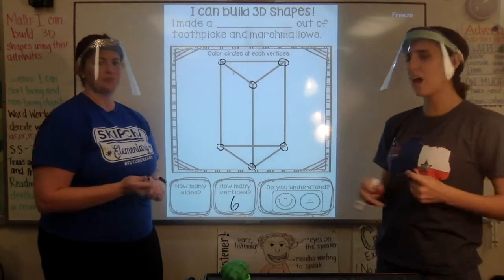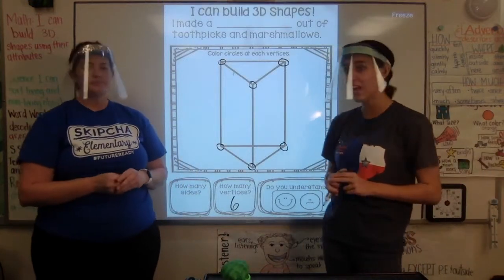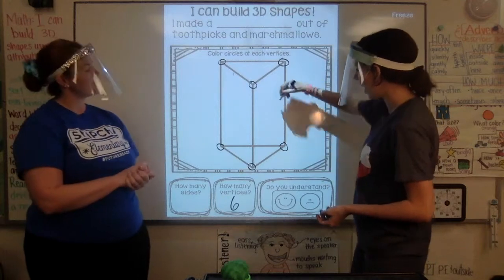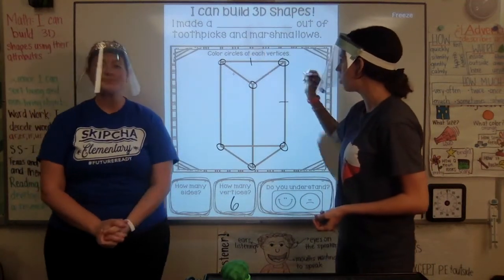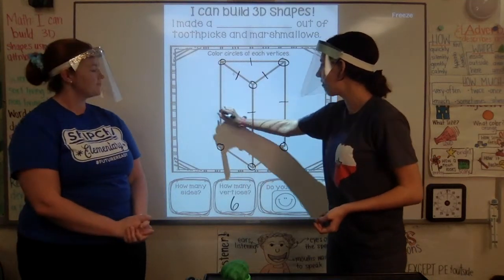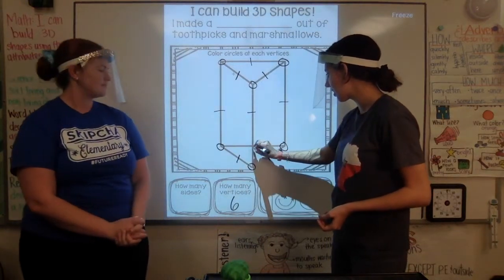Well, then let me figure out how many sides we have. And we know those sides are those flat edges that, when you put them together, make the vertices. Let's see. I have 1 right here. I have another one right here. So 2, 3, 4, 5, 6, 7, 8, 9.